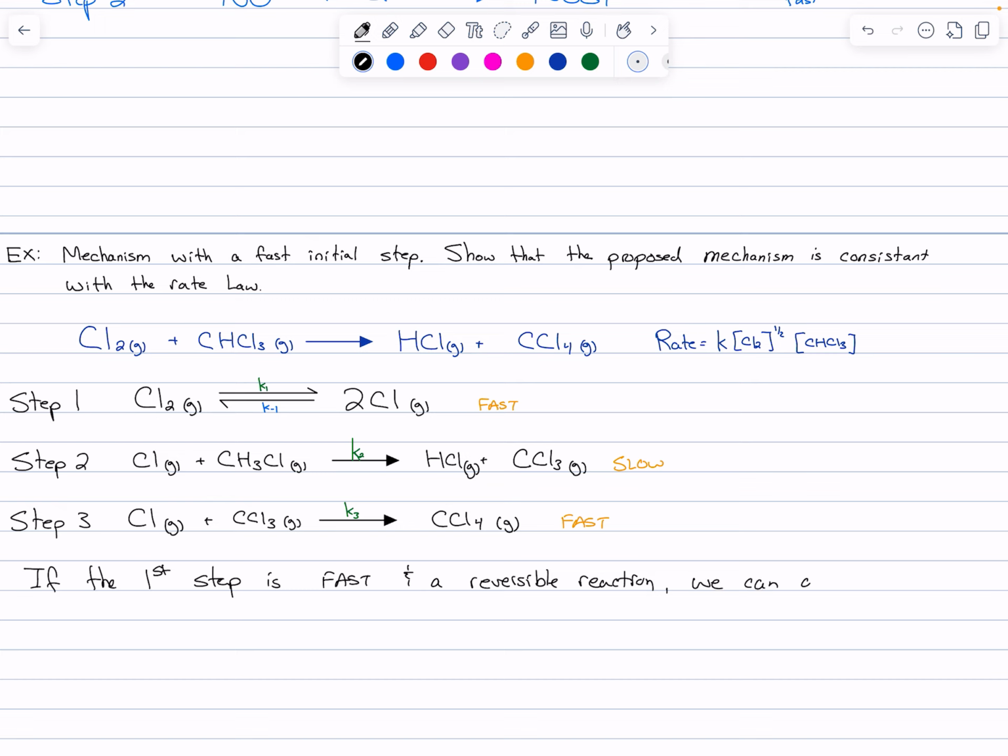we can assume that the concentration of Cl, of chlorine, is maintained, and this is called the steady state approximation.